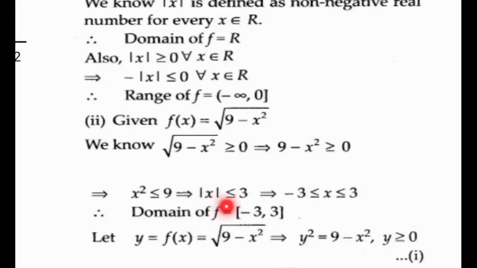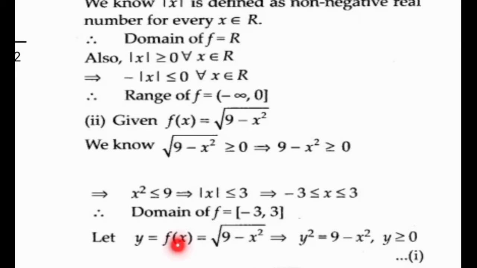Taking the square root, |x| is less than or equal to 3. So the x value lies between -3 and +3. Therefore, the domain of f equals [-3, 3], both are closed brackets since the equal to symbol is there.